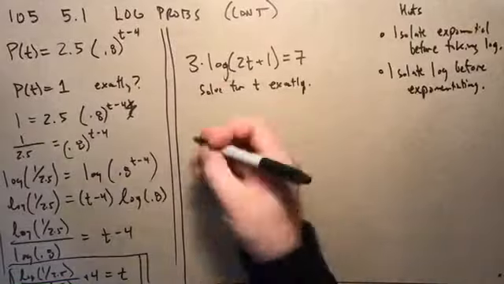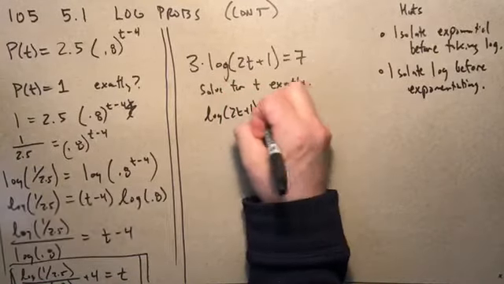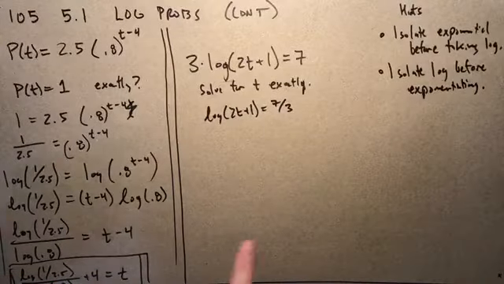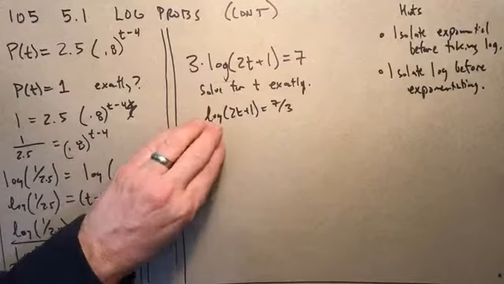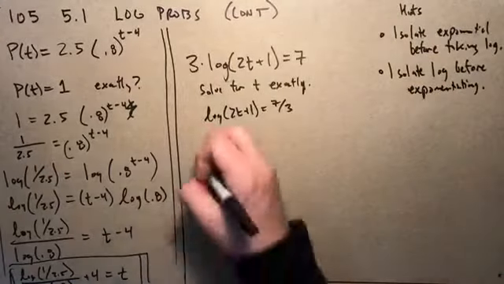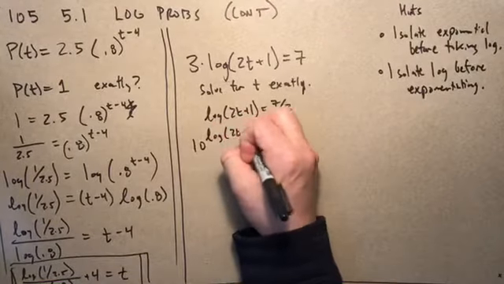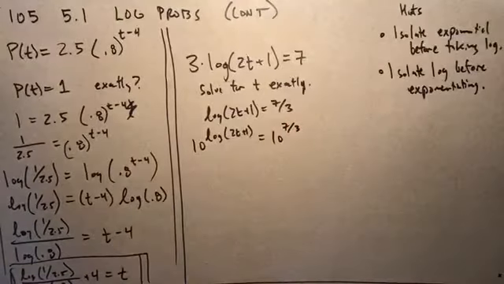So I'll divide by 3 and we'll have the log of 2t plus 1 is equal to 7/3. And now I'm going to exponentiate both sides in order to use my inverse function to get rid of the logarithm. 10 to the log of 2t plus 1, equals 10 raised to the 7/3 power.